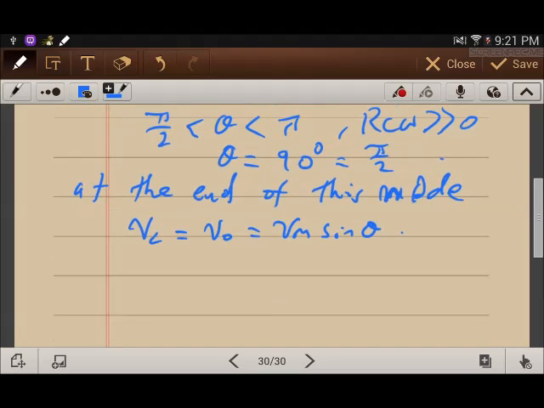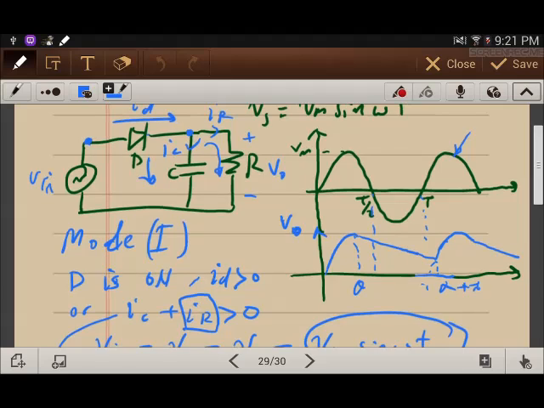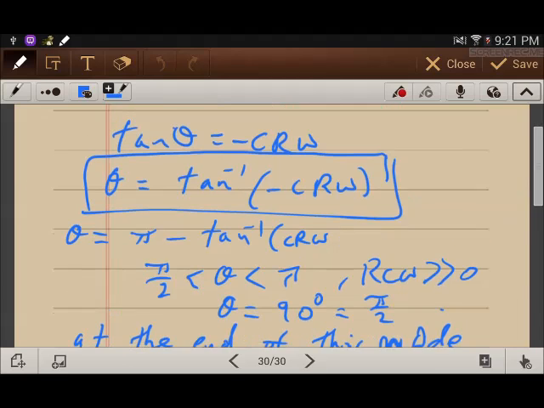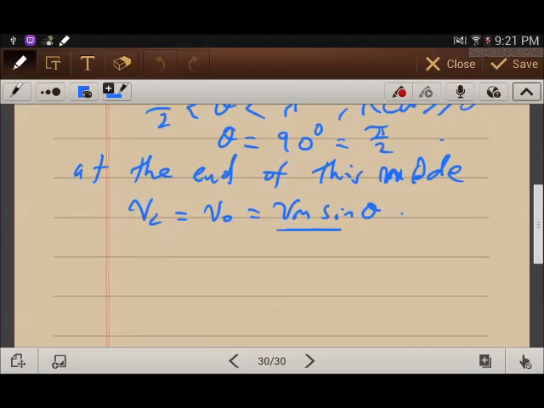As we said in the graph here, at theta the voltage across the resistor is actually equal to the voltage across the capacitor, and this voltage is equal to V maximum sine theta.